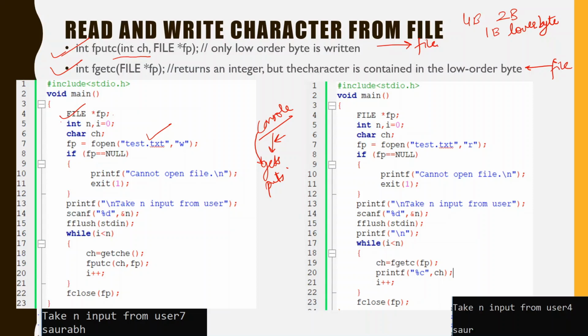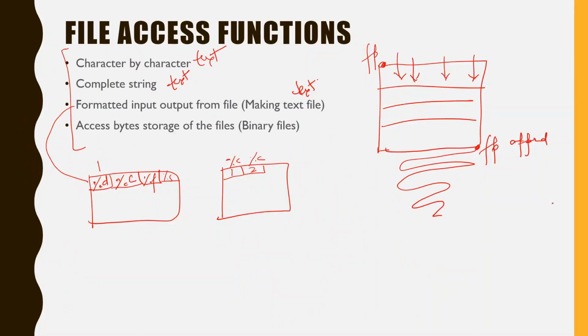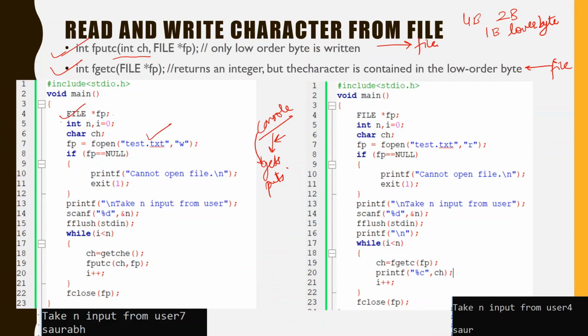In write mode a fresh file is created even if the file exists, so all the previously written contents are flushed from the file. Then we check whether the file is properly opened. If the file is not opened properly, it returns null, and in that case the program will exit.